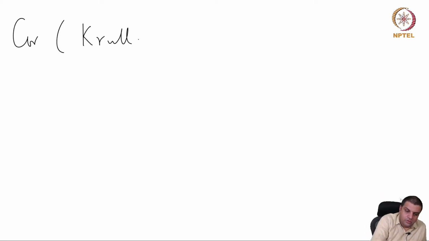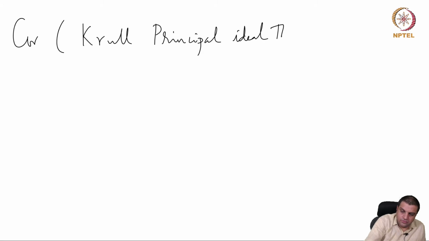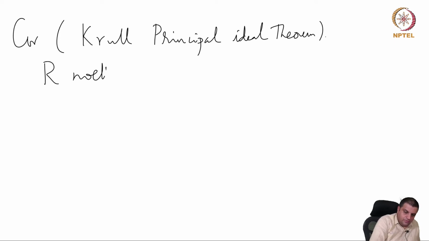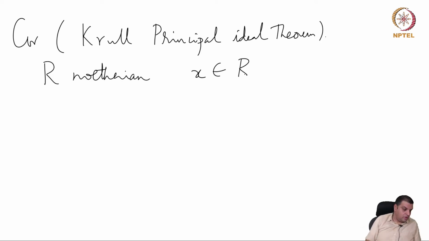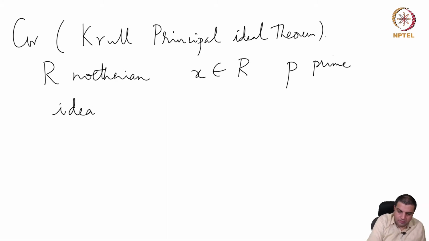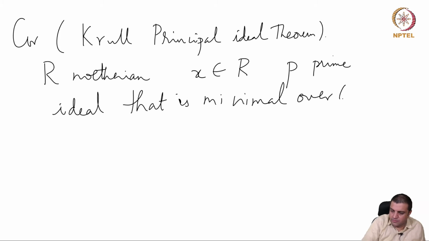Okay. So now let's draw an important corollary called Krull's principal ideal theorem. Let R be Noetherian, x in R, and P a prime ideal that is minimal over the ideal generated by x.